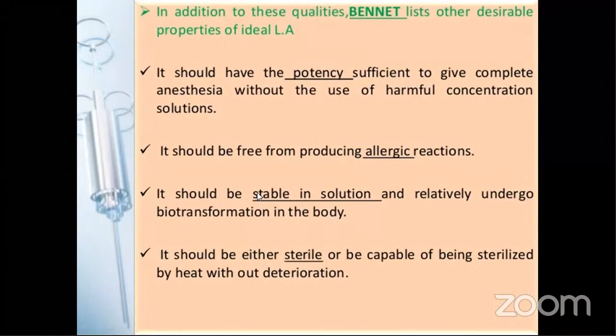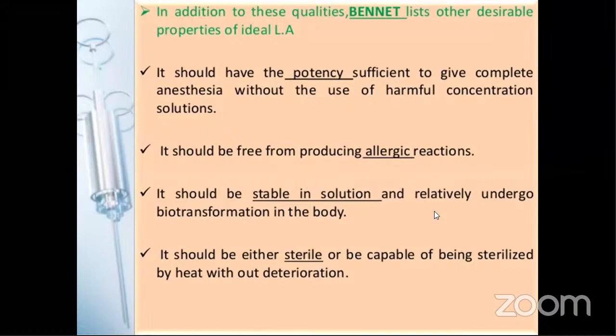Okay. It should be stable in solution and should undergo biotransformation in the body. Whenever you are preparing a solution of this drug in any solvent system, it should be stable. Otherwise, if it is degraded, you cannot administer it properly.